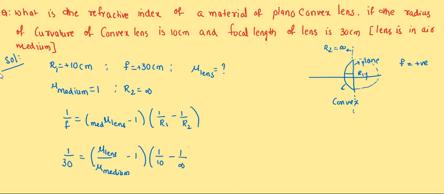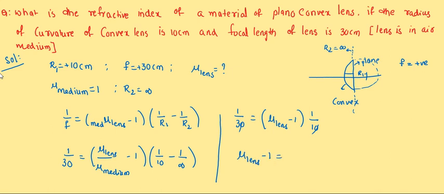Then 1 by 30 is equal to (refractive index of lens minus 1) into 1 by 10, since 1 by infinite is 0. The 10 and 30 simplify, and the refractive index of lens minus 1 is 1 by 3. So the refractive index of the lens is 1 plus 1 by 3, which is 4 by 3. This is the answer.